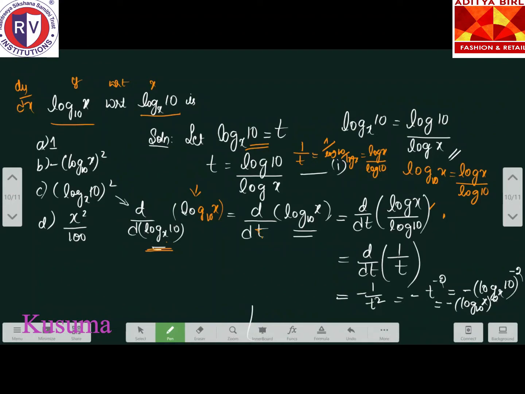So what is t to the power of minus 2? T is log 10 to base x, that is minus of log 10 to base x to the power minus 2, or it is nothing but log x to base 10 to the power 2.